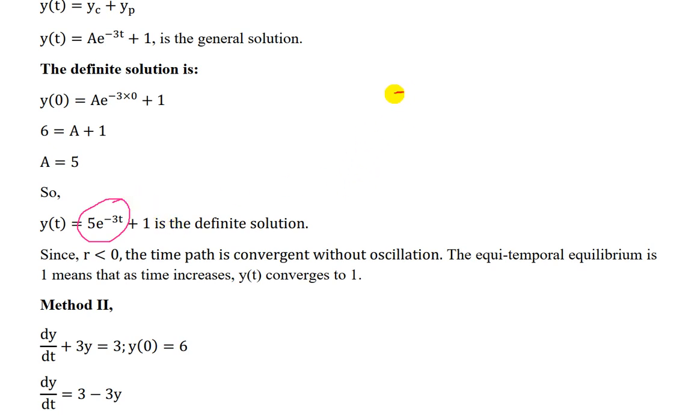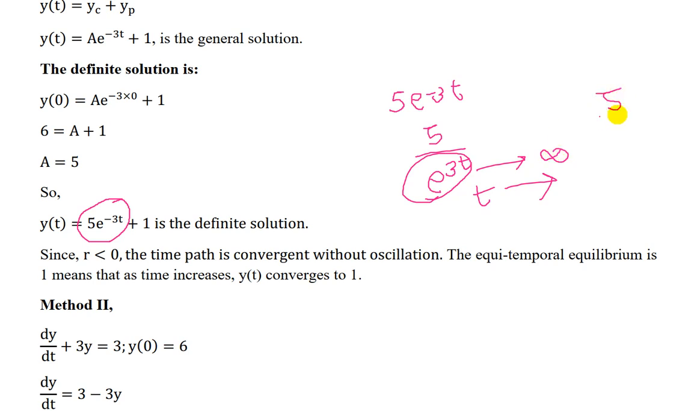Why is it so? We can write this as 5 by e to the 3t, and as t increases, e to the 3t approaches infinity, and 5 by infinity equals 0. So we can say that this whole equation is convergent towards 1.